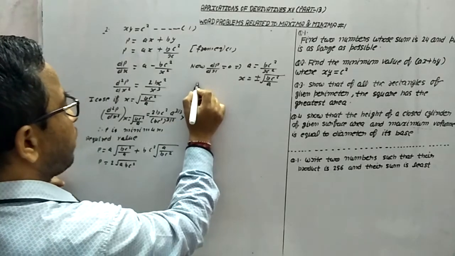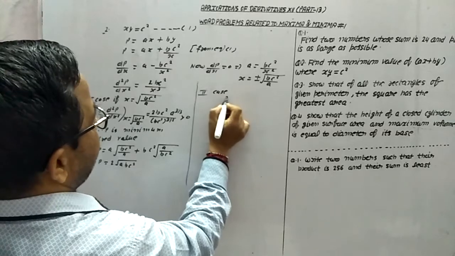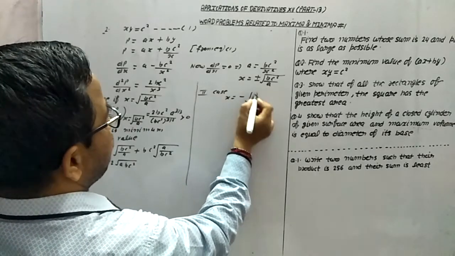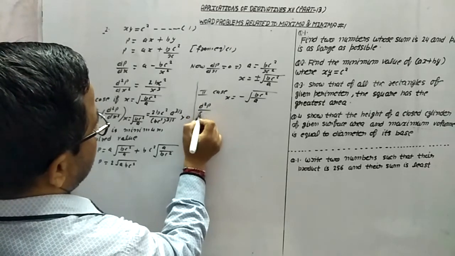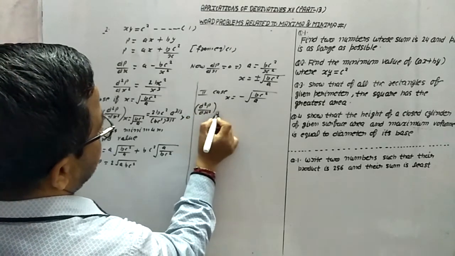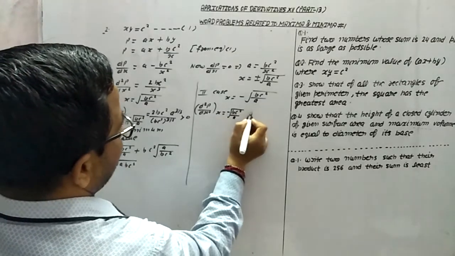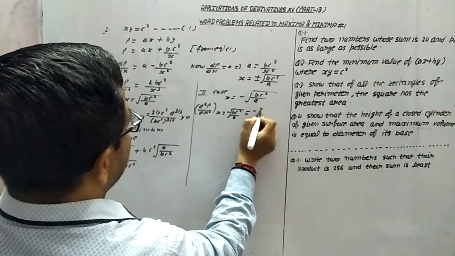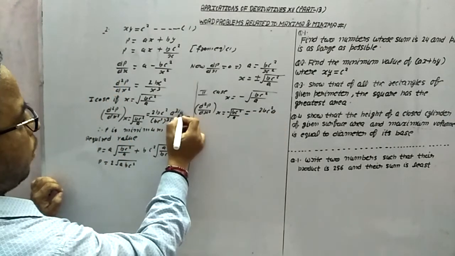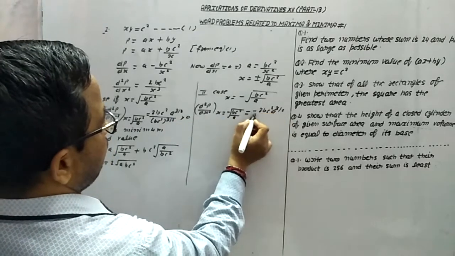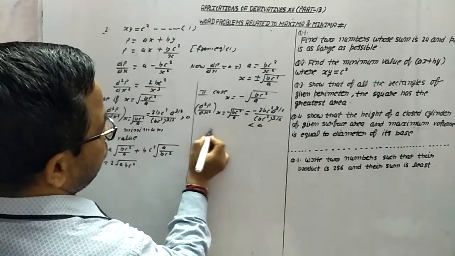But here we are observing that we are getting a second case also. In the second case we have x equal to minus under root bc square upon a. It means d2p over dx square at this x is equal to minus 2bc square times a raised to power 3 by 2 upon (bc square) raised to power 3 by 2, which is less than 0.